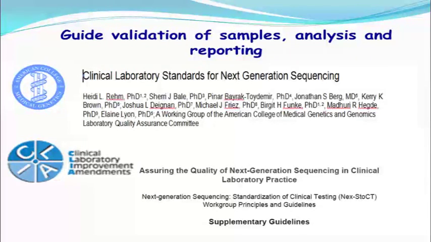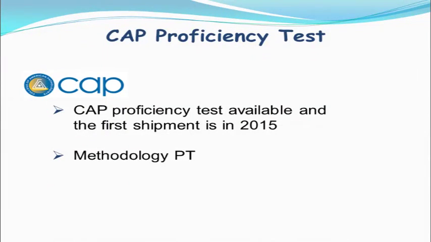And the ACMG laboratory QA committee developed the clinical laboratory standard for next generation sequencing, and the CAP proficiency testing is now available. The first shipment will be in 2015. This will be a methodology PT, not for specific analytes.